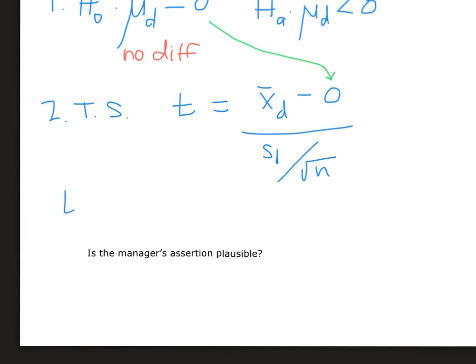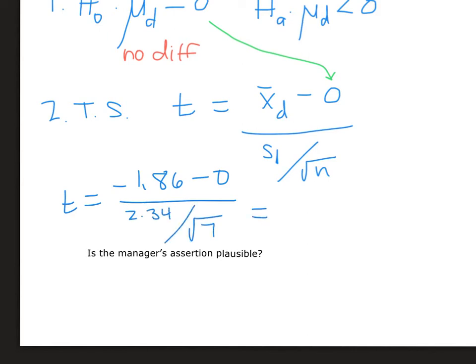All right, so plugging values in from our example, we get negative 1.86 minus 0 divided by 2.34 over the square root of our sample size, which is 7. And that gives us a test statistic of negative 2.103.